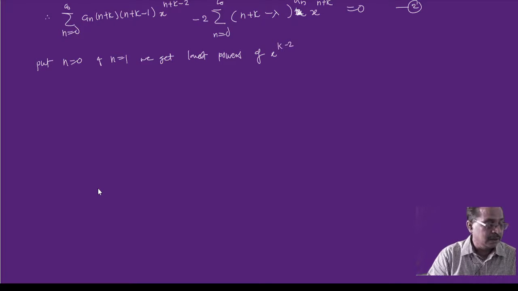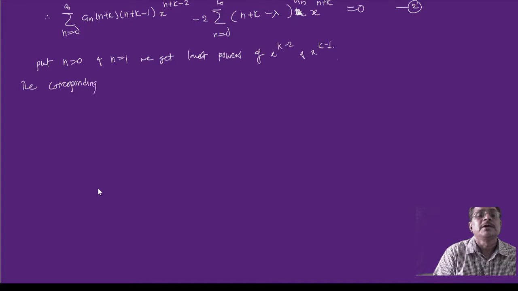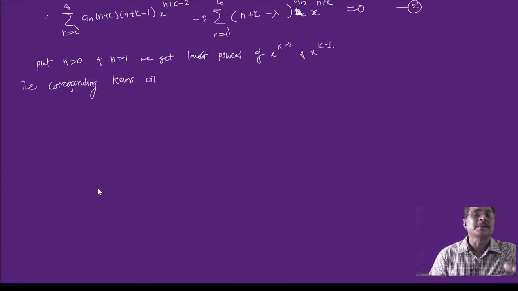Okay, and when I put n equal to 1, I get x raised to k minus 1. And the corresponding terms will be, okay, we are not going to get all the cases today. We are going to reach up to that point, and then we will go further tomorrow.